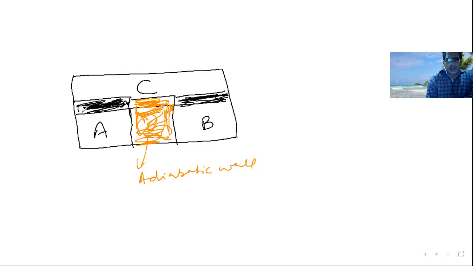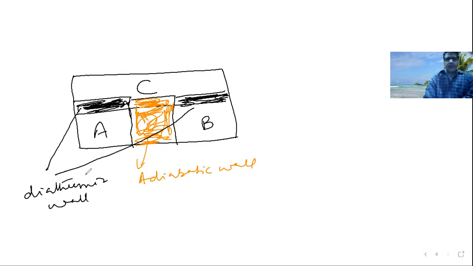And let this be diathermic wall. That means system A and system B both are in thermal equilibrium with system C because they are thermally connected. But from each other they are isolated by adiabatic wall.